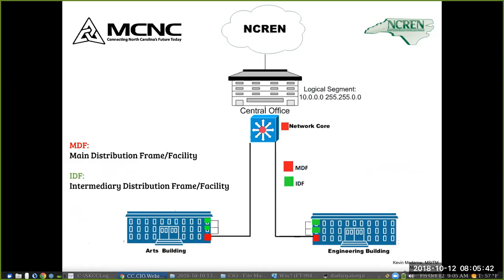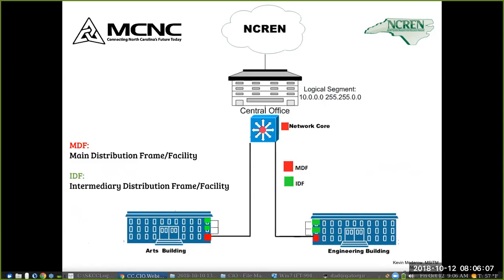A building may have an IDF, an intermediary distribution facility. It may have more than one IDF. IDFs are uplinked back to the core at the MDF. And on our campuses, we have a network core in one of our buildings where our core routing and switching functions take place.